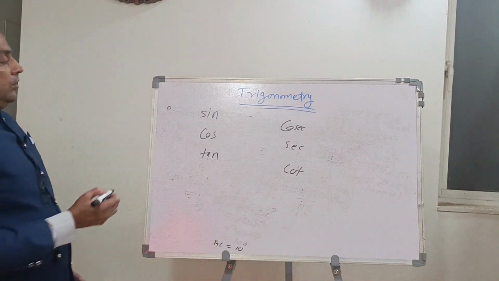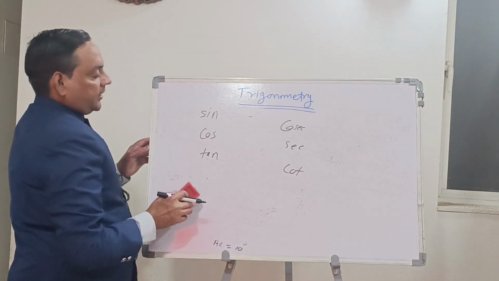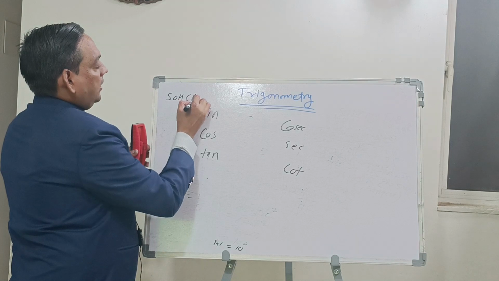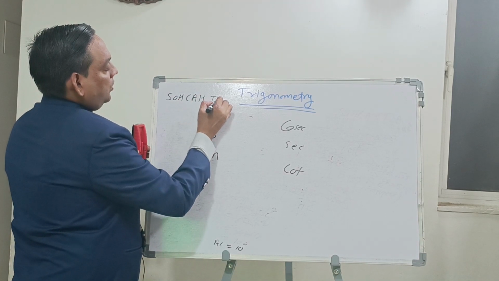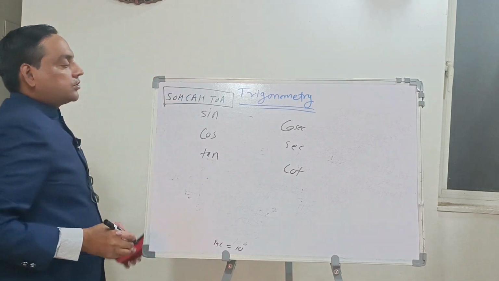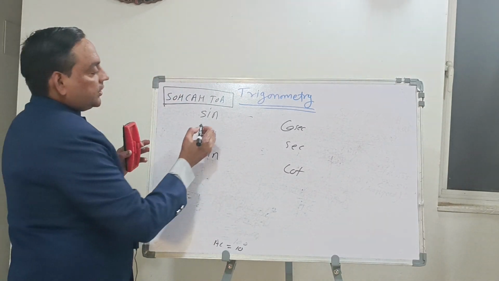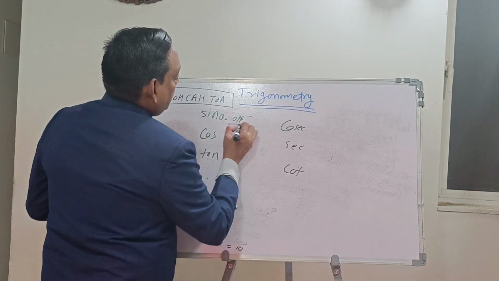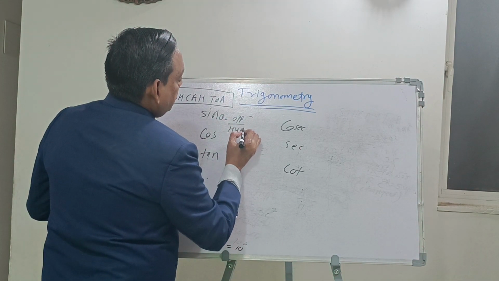Okay, now the rule of sine, cos and tan I told you. Now if you remember these three, the other three you can find out. Sine theta is equal to opposite over hypotenuse.